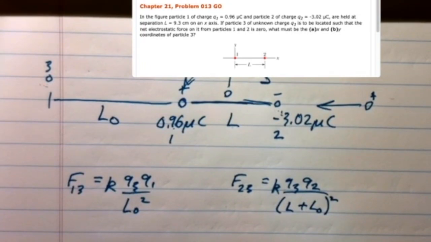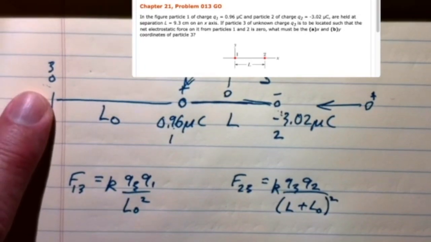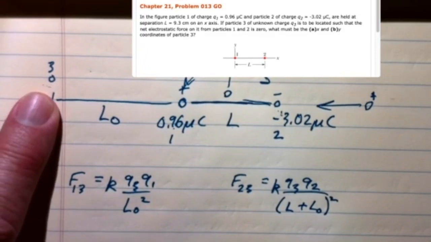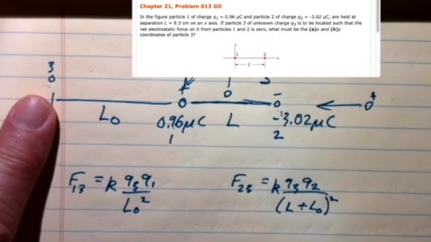Okay, so now the final step, we have to say, what is the condition of equilibrium on this third charge? Equilibrium means that the net force is going to be 0 on that charge.